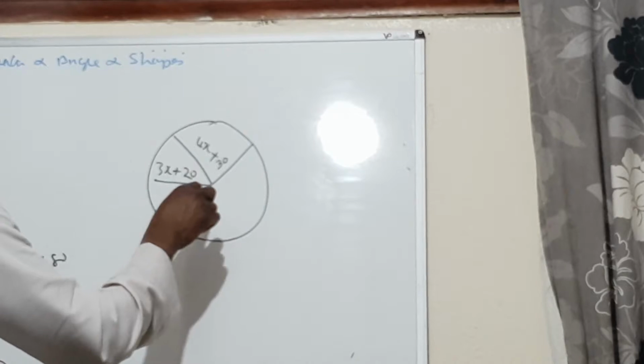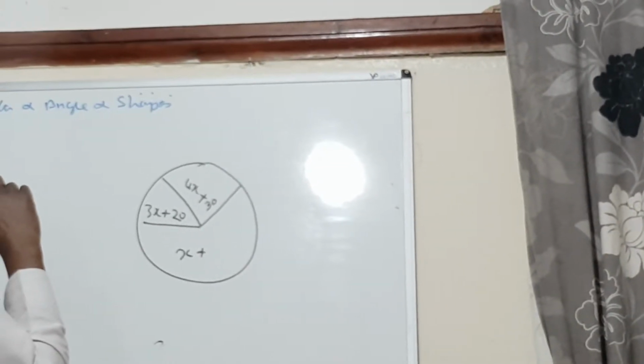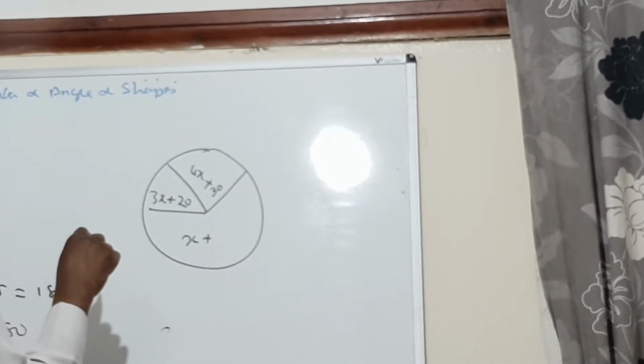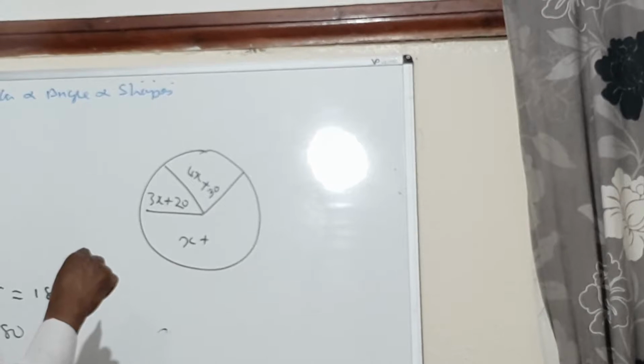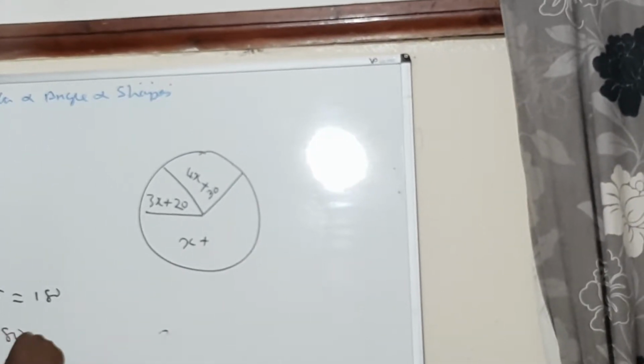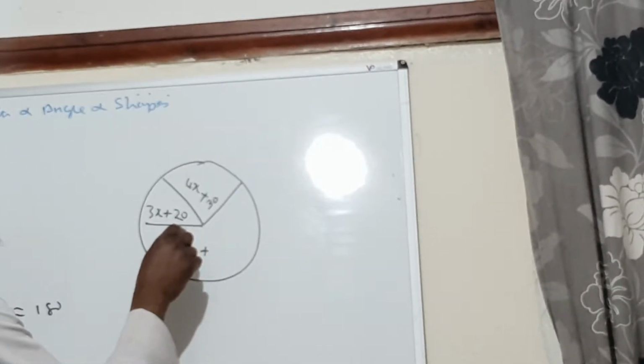So let's say we add the x terms: 8x equal to 90, and then x will be 90 divided by 8.